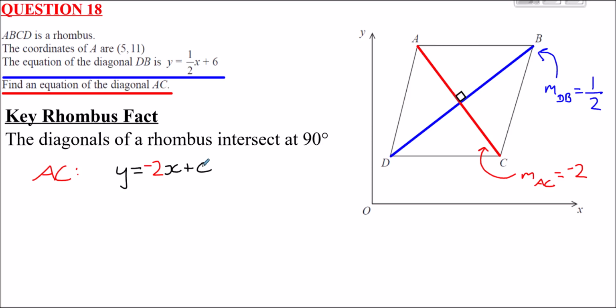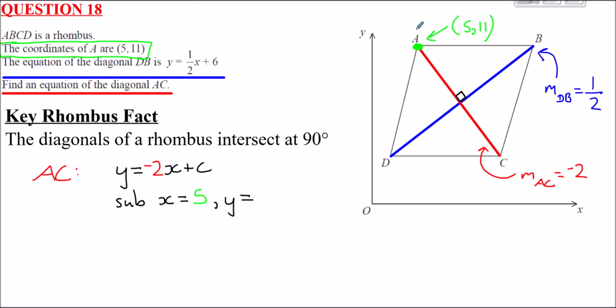So do we know any other information about this diagonal AC? Well, luckily, actually, yes, we do. Because we're told a point on this line, we're told point A. So we're told that A is a point 5, 11. So we can substitute that point in. So now we can sub in that when x is 5, y is 11.